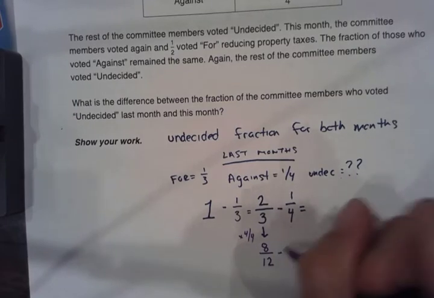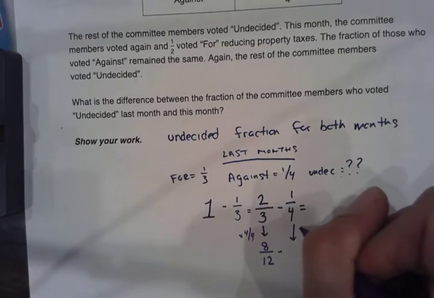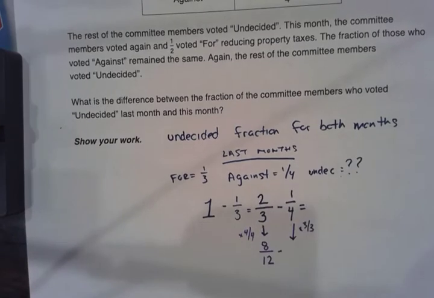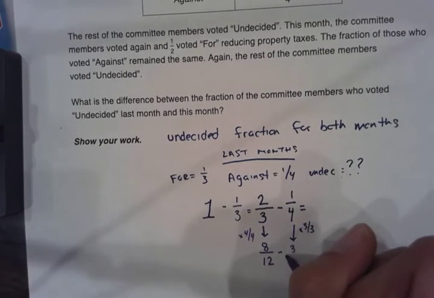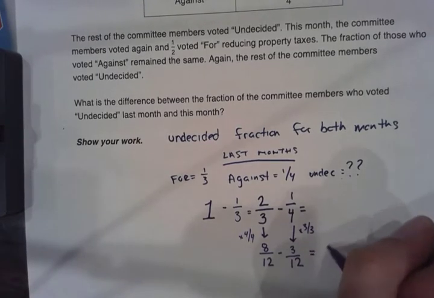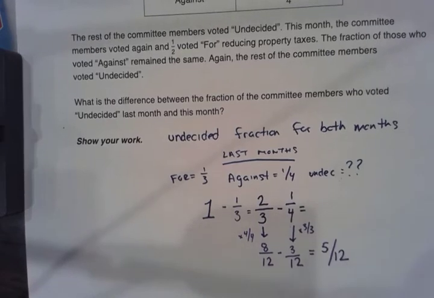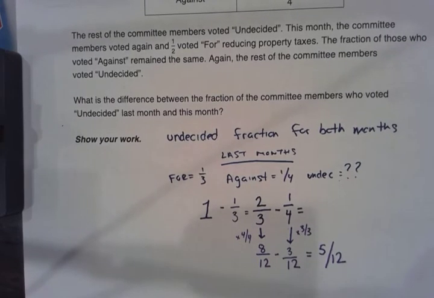And if I multiply 1/4 by 3/3, I'm going to get 3/12. Now we subtract the two, 5/12. So that's our undecided just for last month.